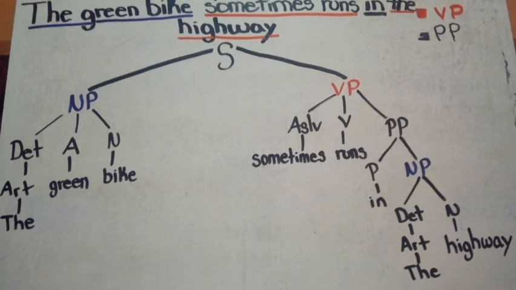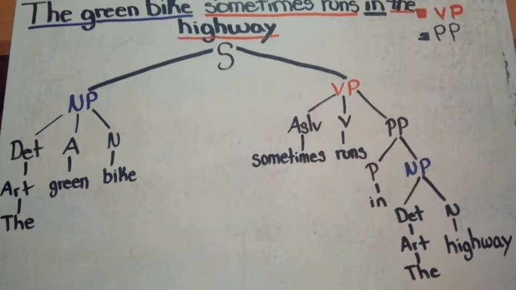Then with the other part we have the verb phrase. Let's start with adverb, that is sometimes. The second one is runs. And then we have another branch that represents a preposition phrase.